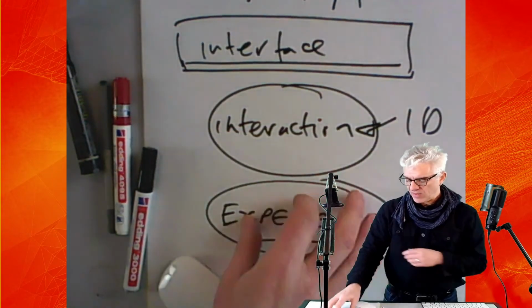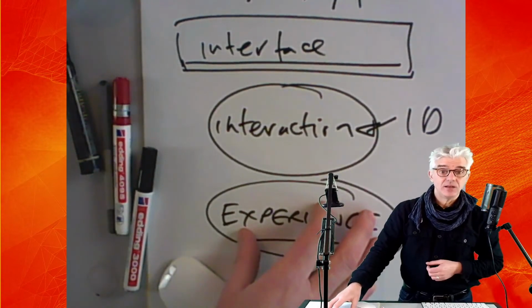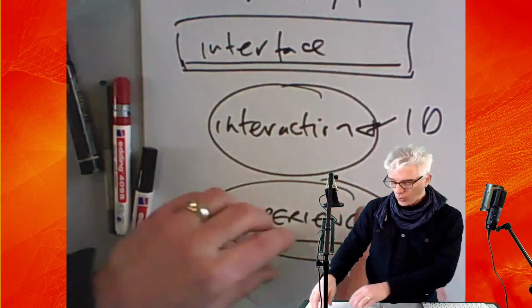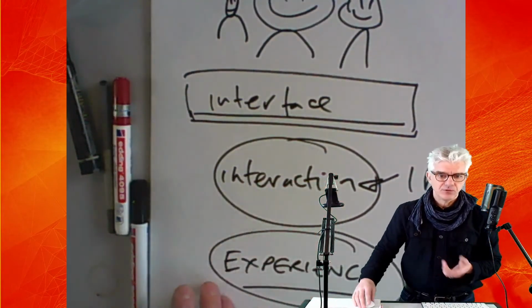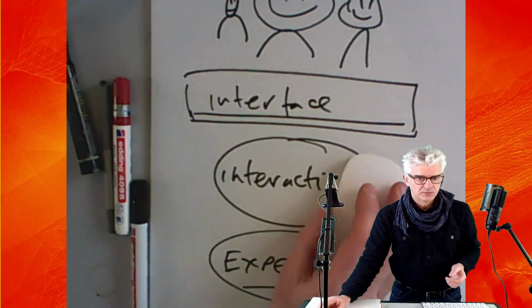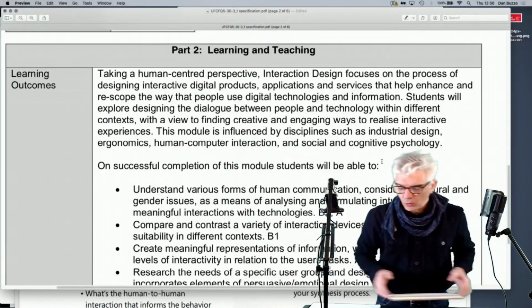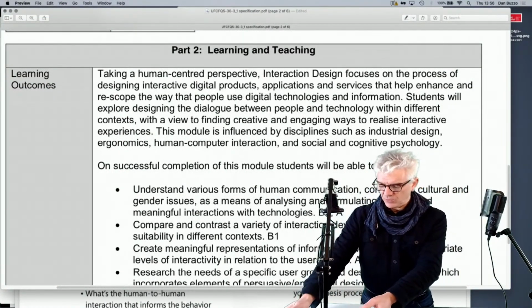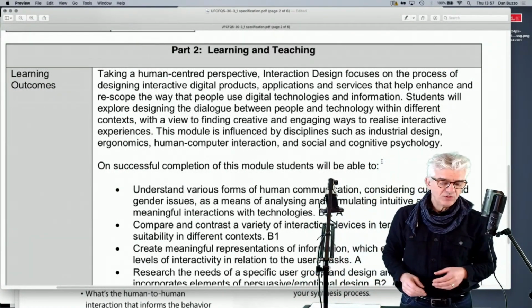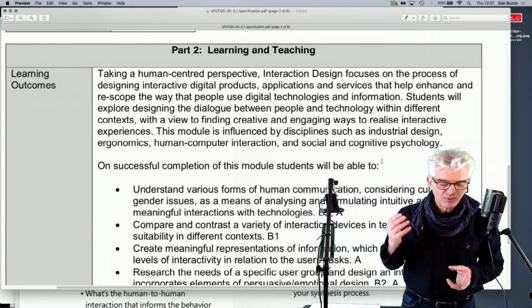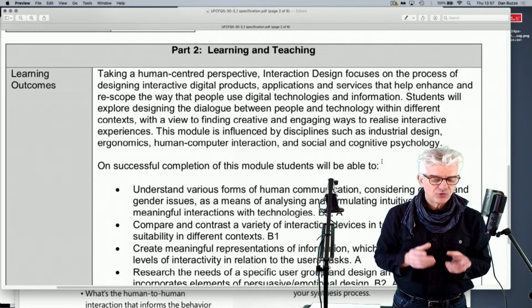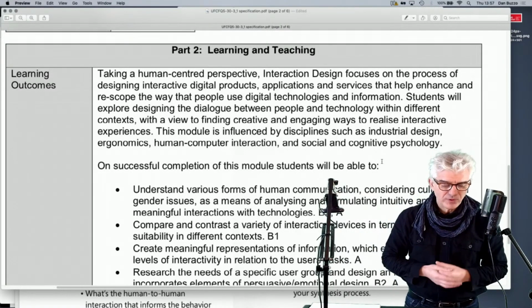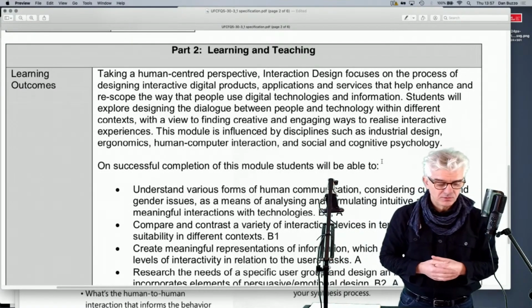But underneath, there's an experience that we can design, because no matter what we do down here, people will experience this, because that's what we do with technology. So we have this question within the specification of what we're doing, which is you're going to explore the dialogue between people and technology in different contexts, with a view to finding creative and engaging ways to realize interactive experiences.